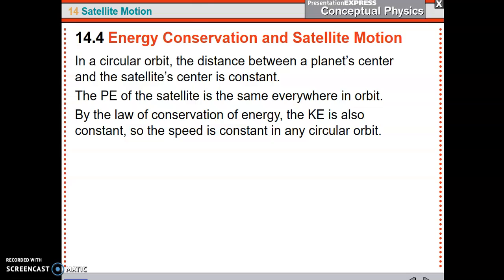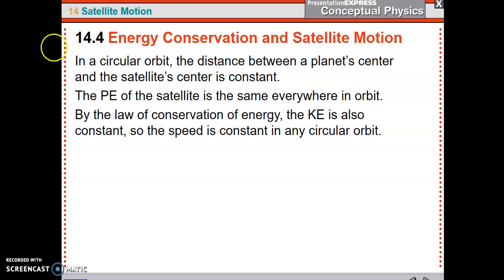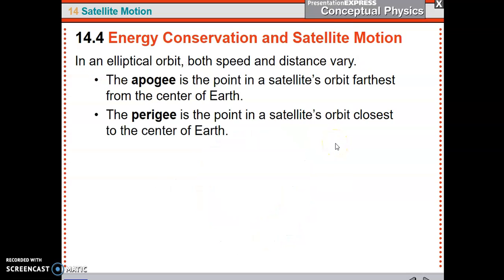So the speed is constant, the kinetic energy is constant, the height's not changing, so the PE is constant. But like I said, there are no circular orbits. They're all elliptical. So there's the picture showing constant height, constant PE, constant KE.